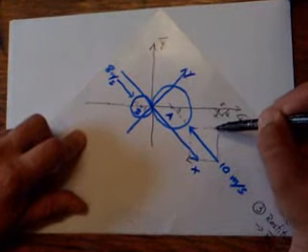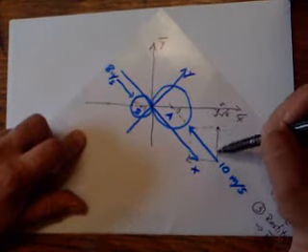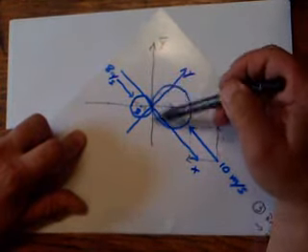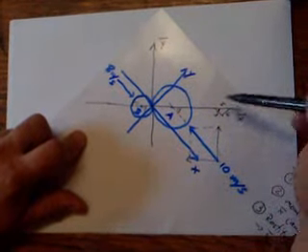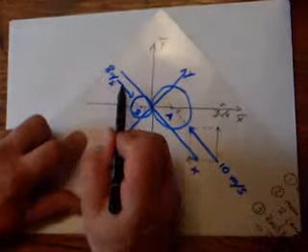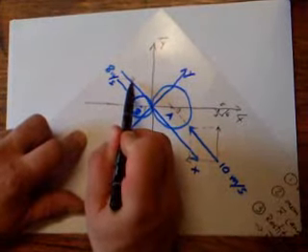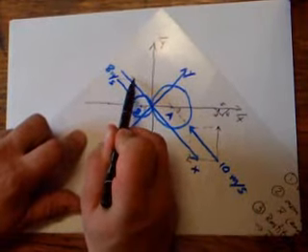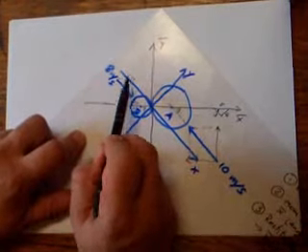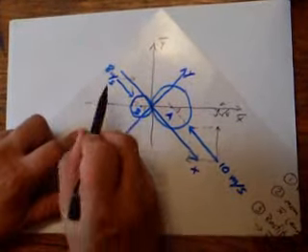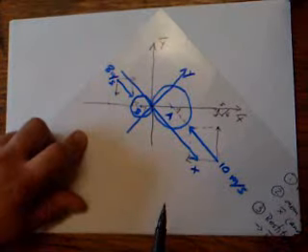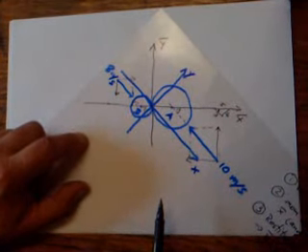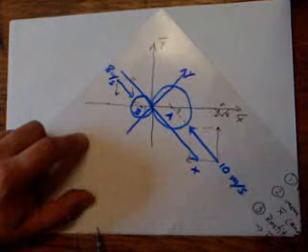You can see this component here is the y bar component, and this component here is the x bar component in the new coordinate system. And then this component here is the x bar component of velocity of body B, and this one is similarly the y bar component of body B.